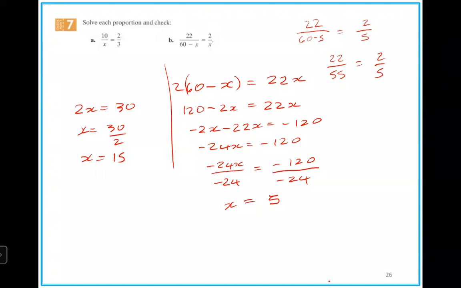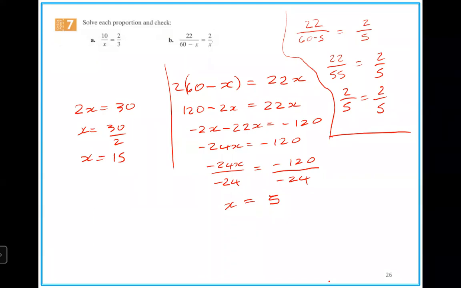Now, what number could divide 22 and 55? 11. 11 into 22 is 2, 11 into 55 is 5. So we get 2/5 equals 2/5. So that's a true statement. So it means that x equals 5 is correct.